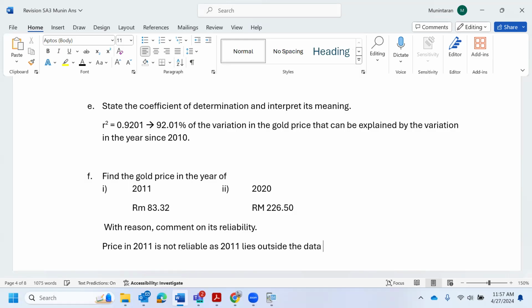Outside the data range. Why is it so important if it's outside the data range?